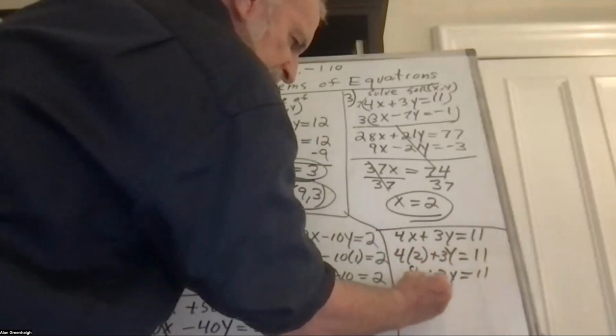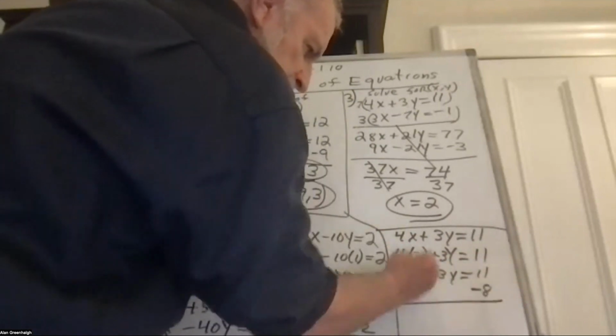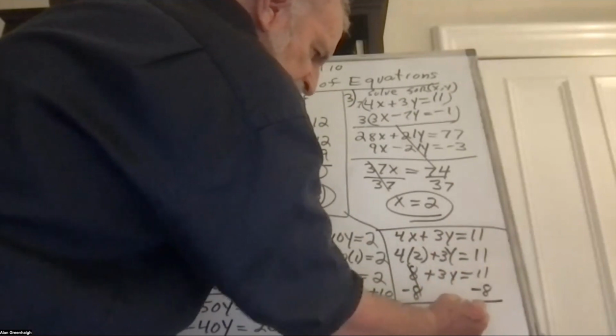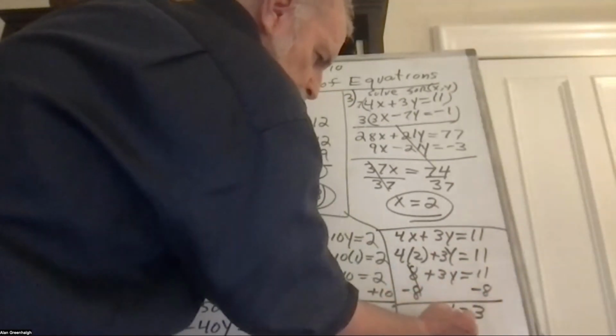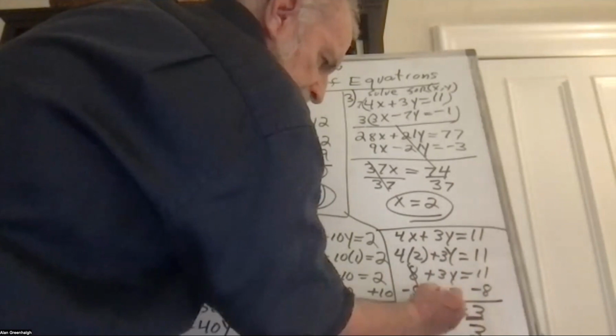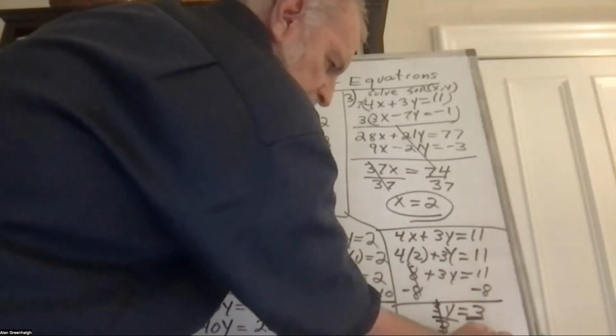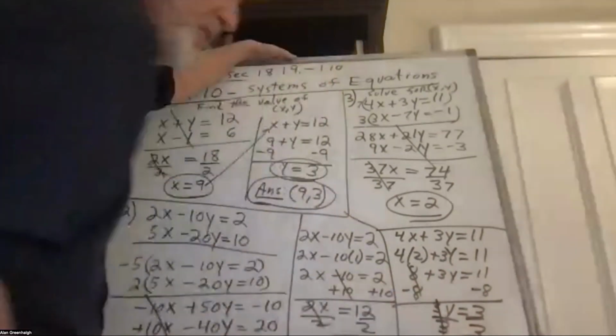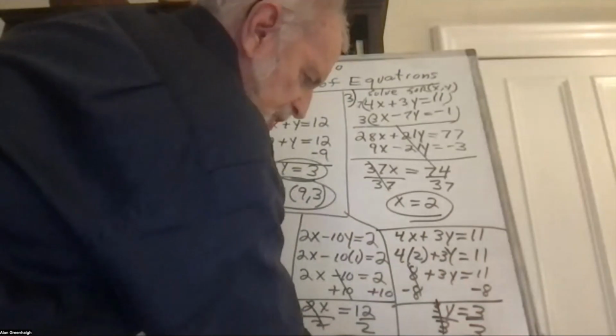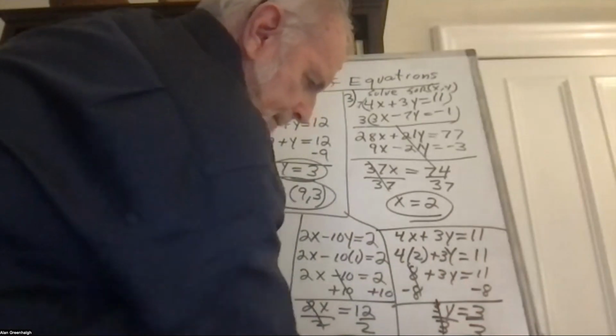It's always nice when you're doing a problem and the answer comes out to a whole number, especially in this type of problem. If you wind up with a fraction here, you're doing something wrong. The answer is 2, -1. That's it.